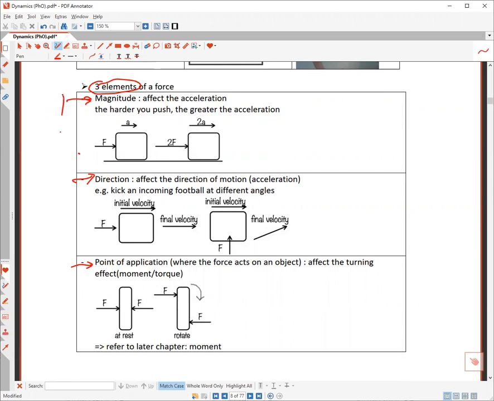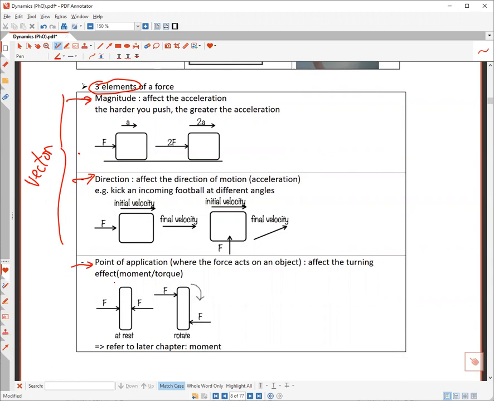Magnitude and direction, I think you understand well, because it is what vector quantities have. A vector has magnitude and also direction. Force is a type of vector, so it also has magnitude and direction. But what do we mean by the point of application?